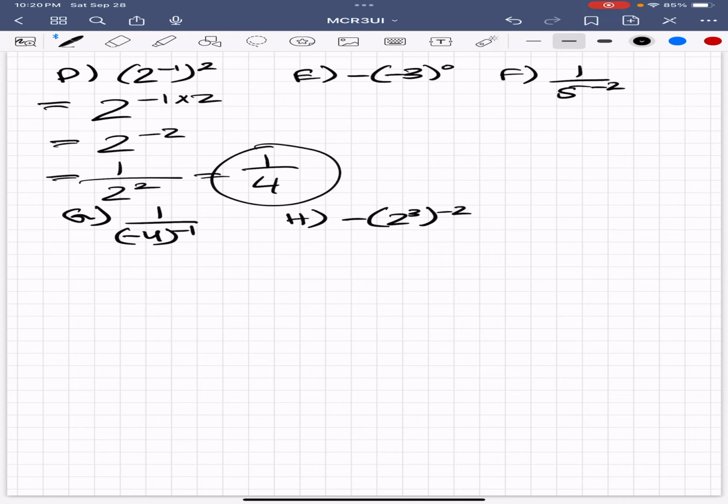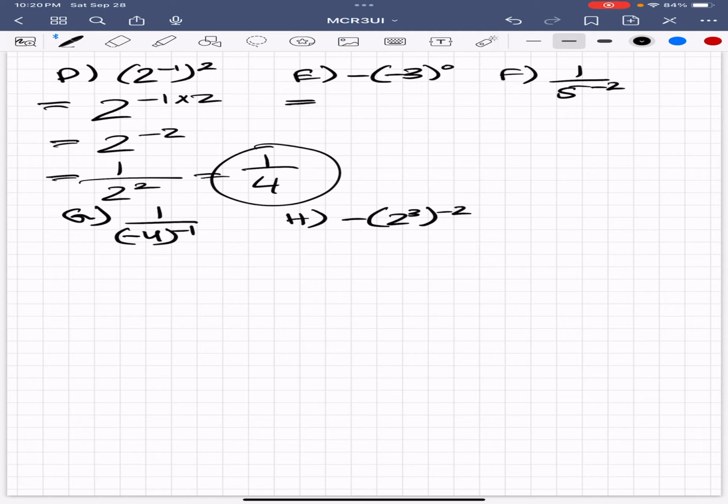So we multiply the exponents together to get 2 to the power of -1 times 2. We then have to use the negative exponent law number 7. Then we evaluate 2 to the power of 2 to get a final answer of 1 over 4.